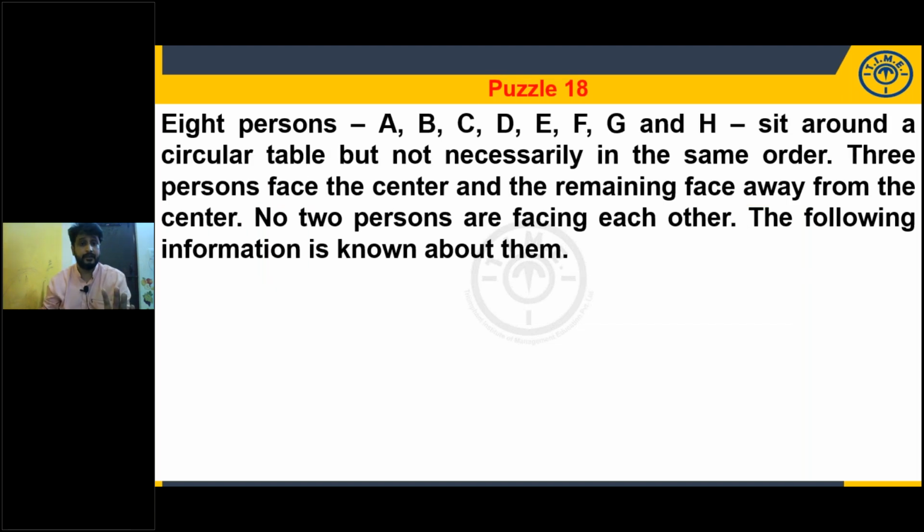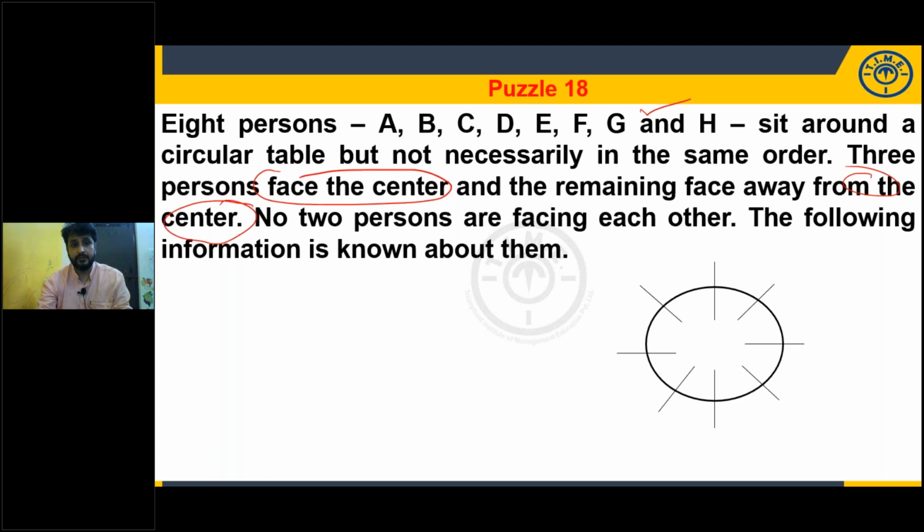This can be expected. 8 persons, A, B, C, D, E, F, G. In RRB PO prelims, this model is expected. 3 persons face the center, remaining face away from the center. Eight persons, 3 are facing center, but which 3 persons are facing center, with the persons in which positions, that we don't know.